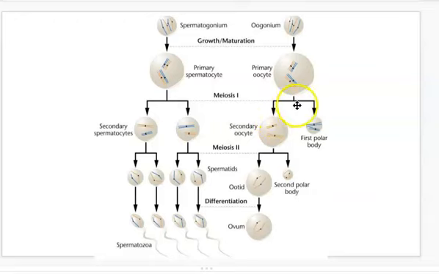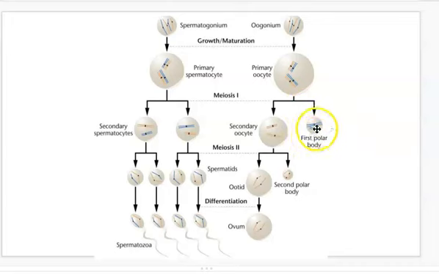Now, one thing I want you to notice is a difference here. In meiosis 1 in the male, you had 2 secondary spermatocytes. In a female, the cytokinesis is not equal. Each cell does not get an equal amount of cytoplasm. So you get one secondary oocyte that is functional, and you get what's called a polar body.